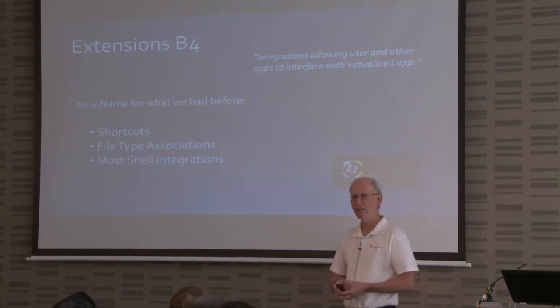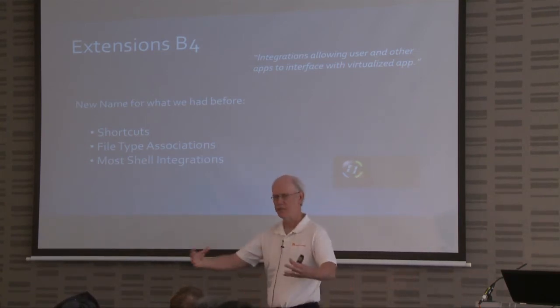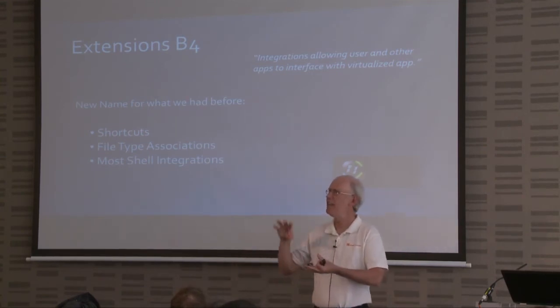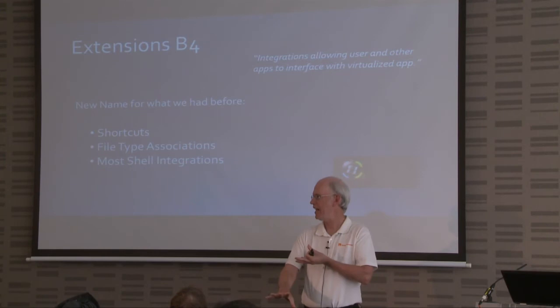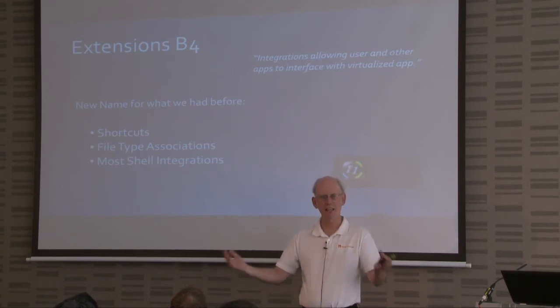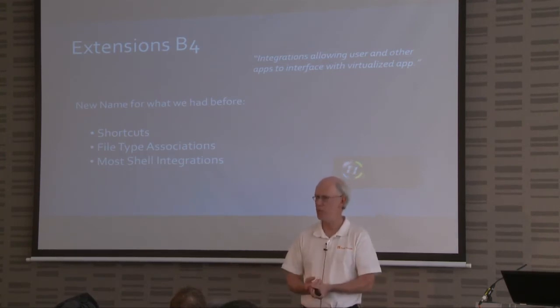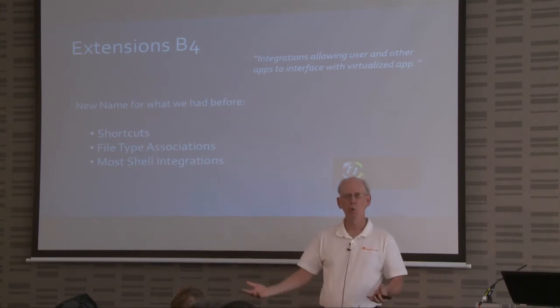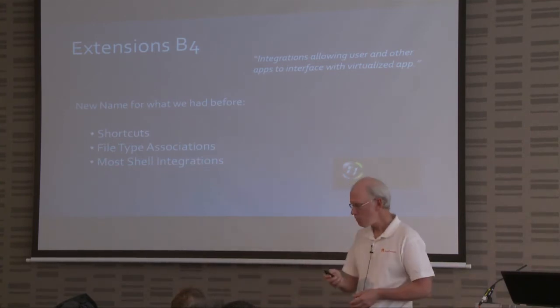And so what App-V does in App-V 4 is the sequencer gathers that stuff, sets it aside, and during the publishing phase, integrates that natively on the operating system for the user so that they get all of these integrations. So now this virtualized application works to the user, and also other applications, which typically go through the file type association as a way to launch the other app, also work with this virtualized package.